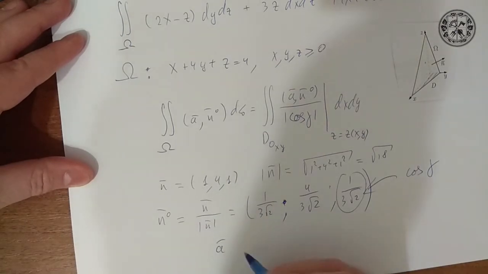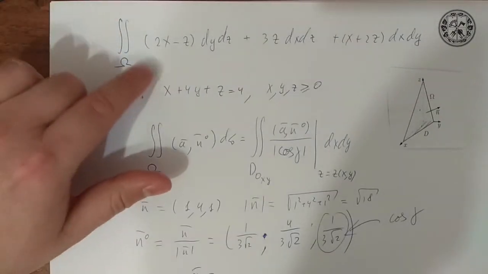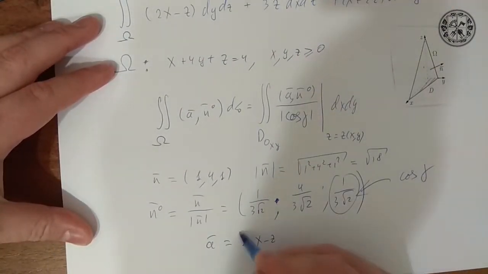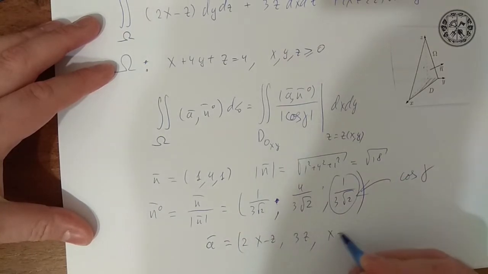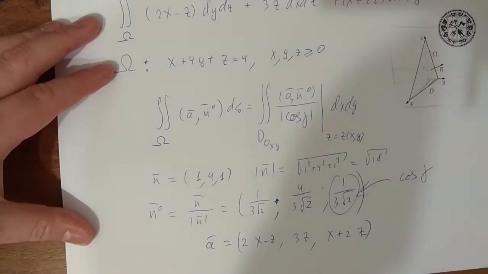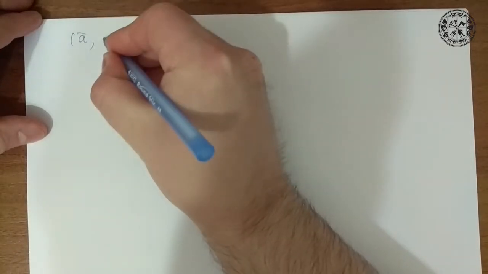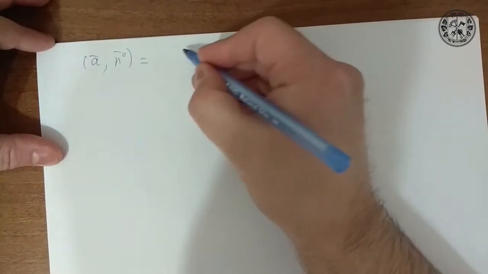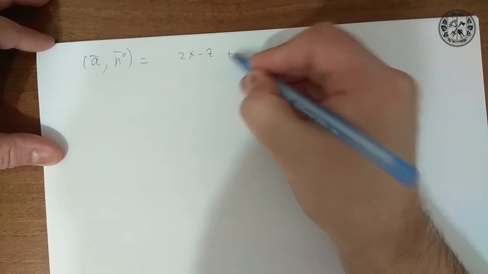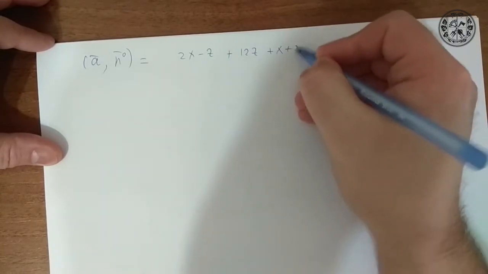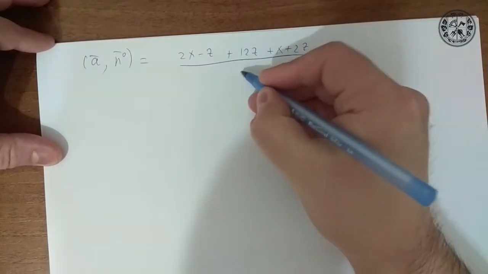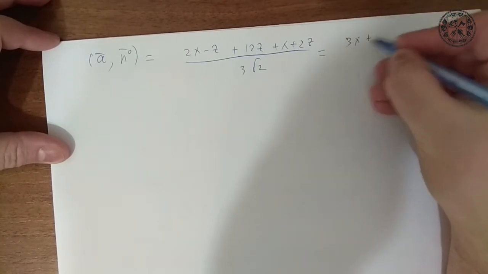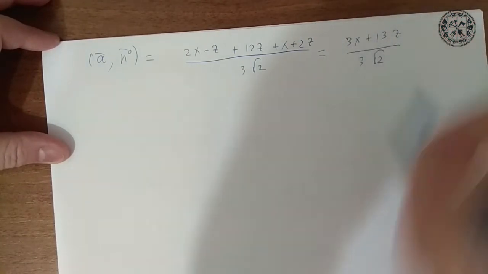And vector function a can be taken from the initial problem. This is 2x minus z, 3z, x plus 2z. Scalar multiplication of a by n0 will give us (2x minus z plus 12z plus x plus 2z) divided by 3 square roots of 2, which will be (3x plus 13z) over 3 square roots of 2.